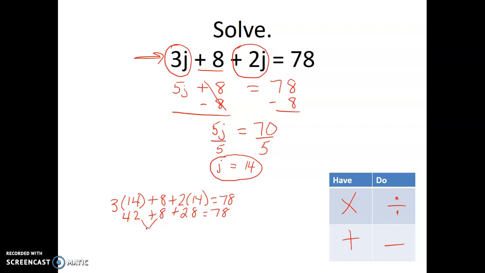So 42 plus 8 is 50, plus 28 is 78. Does that equal 78? It does. So j equals 14 is a good solution.